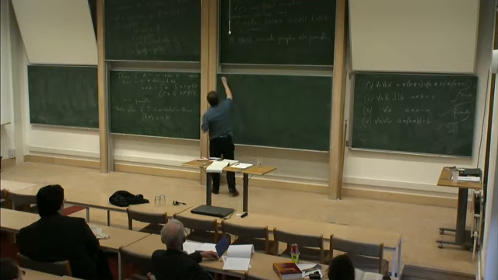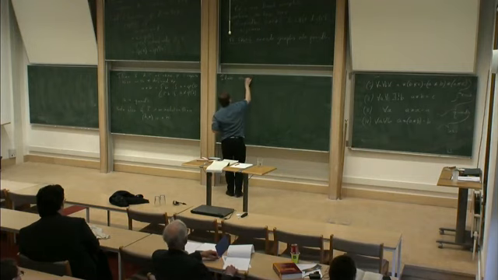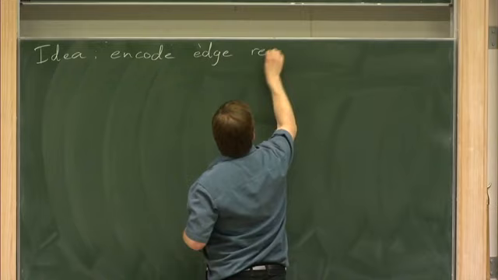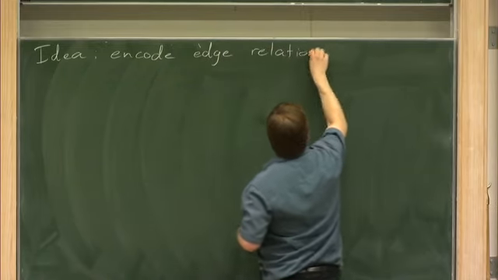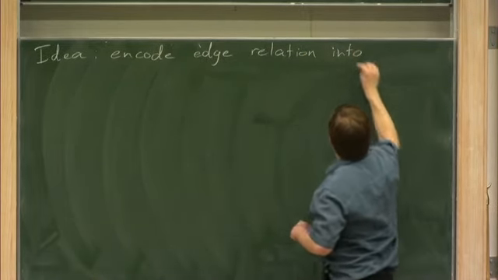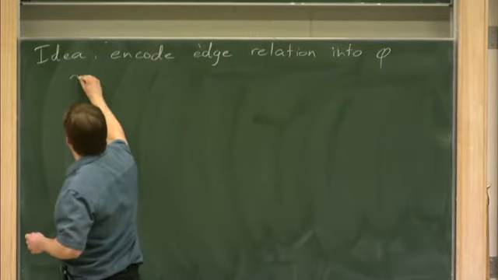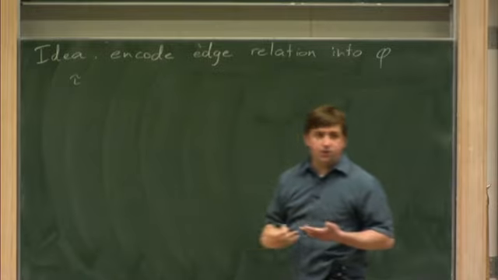So the idea is encode the edge relation into phi and just have tau, just kind of tautological.